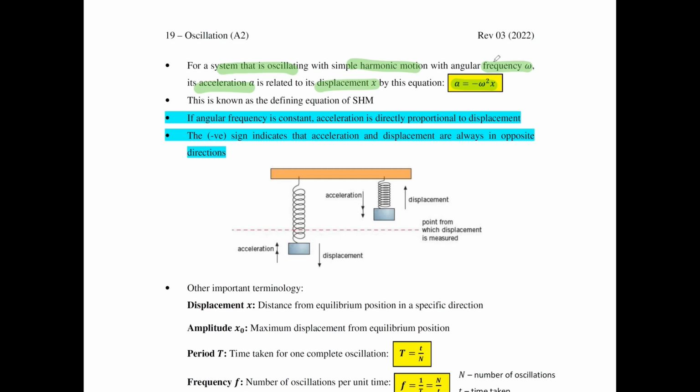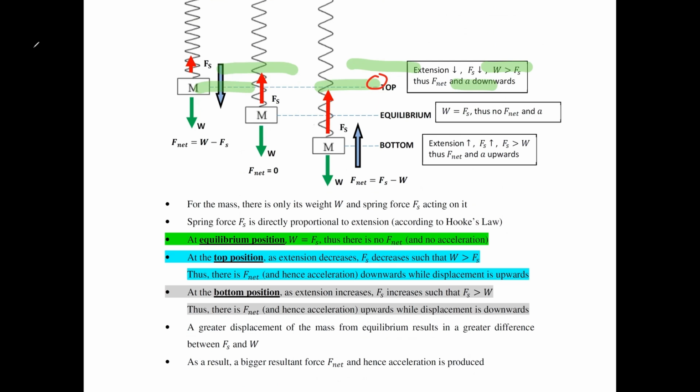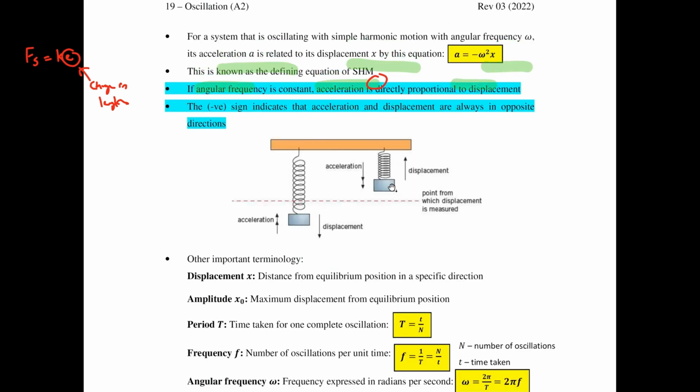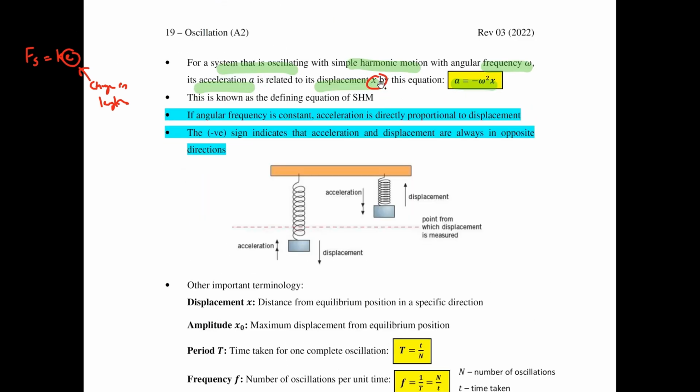Okay, so this x here that you see, don't confuse it with the extension of your spring. Just now I told you that Fs is equal to kx, right? Where this one is the change in length of your spring, the extension of the spring. The x that you normally use for spring force is for another different thing.